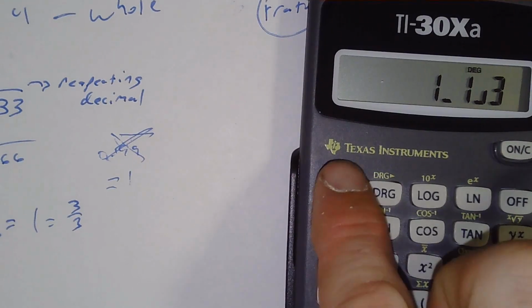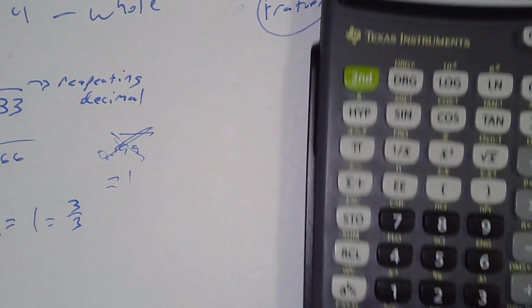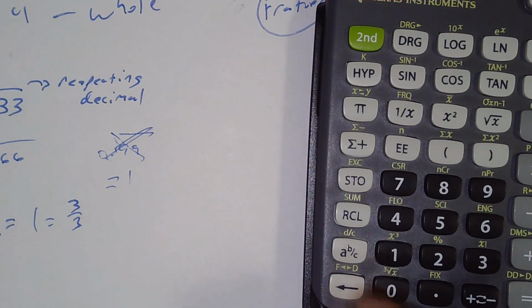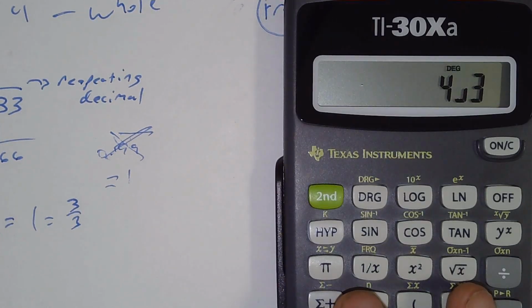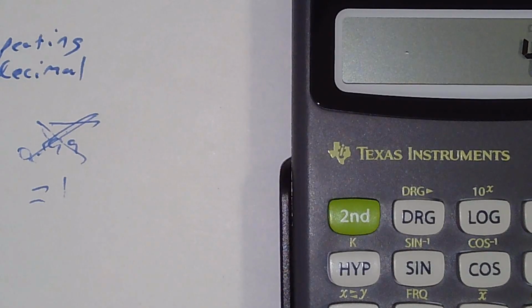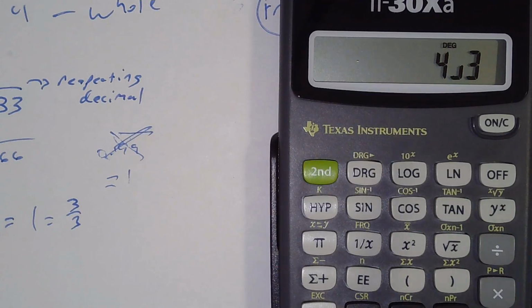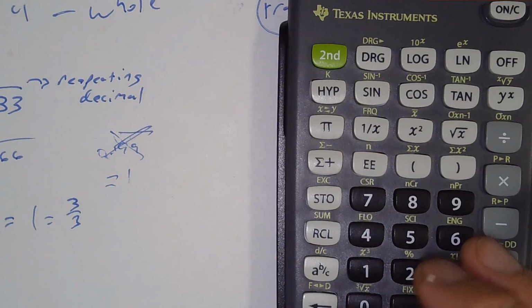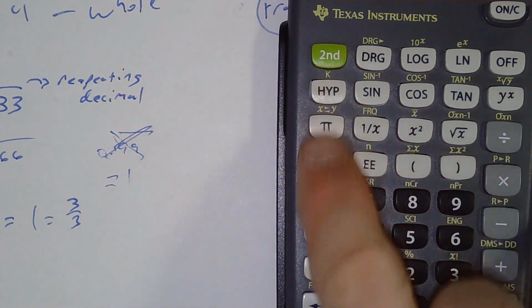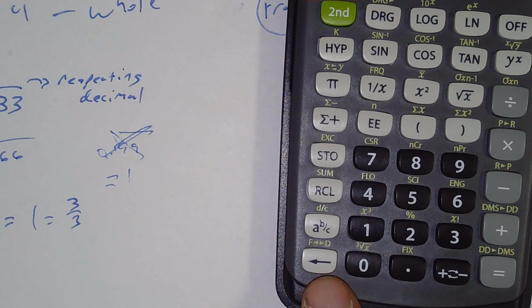You press the second button, press the DC, and there you have it, it's 4/3. That's how you operate that calculator to show an improper fraction. And check this out. If you want to change this into a decimal format, you just go second F to D, which means fraction to decimal or decimal to fraction.